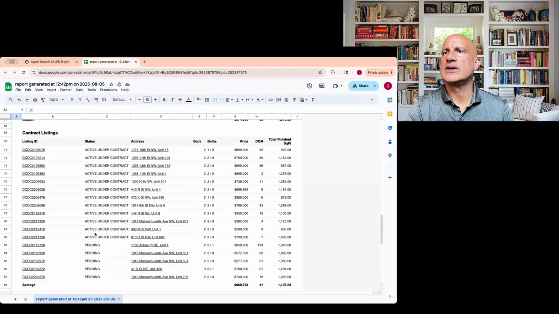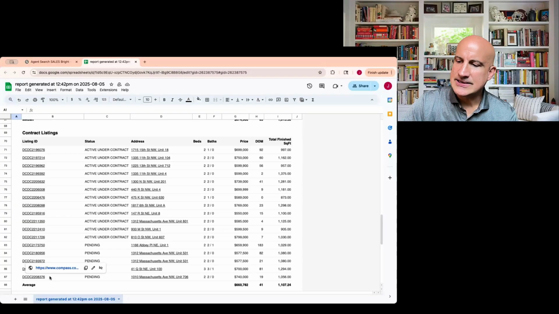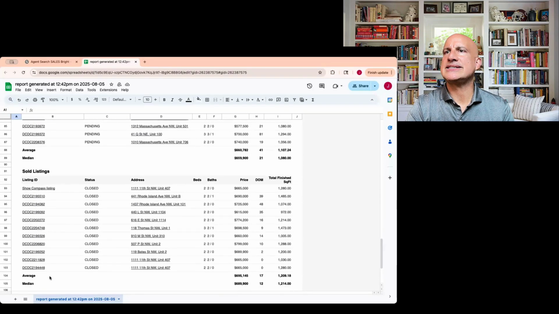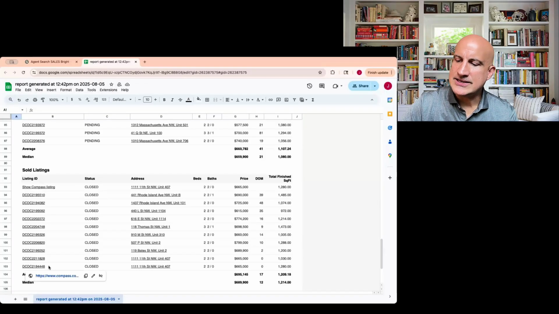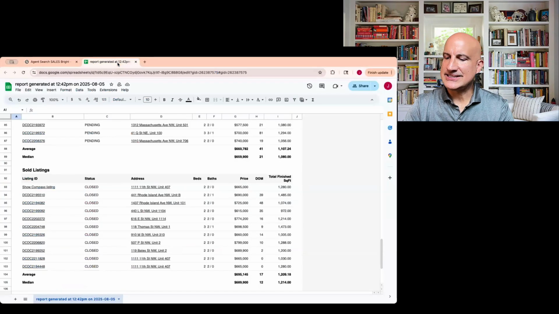There are 71 to 87, so that would be 16 under contract. We've also got 93 to 103, so 10 sold. And that's a total, again, of 87 listings.